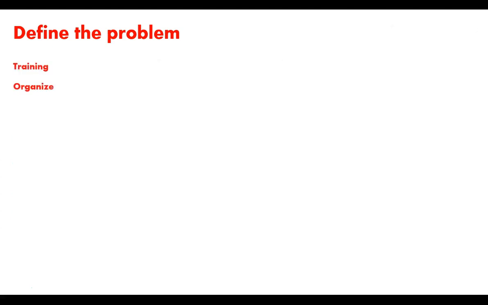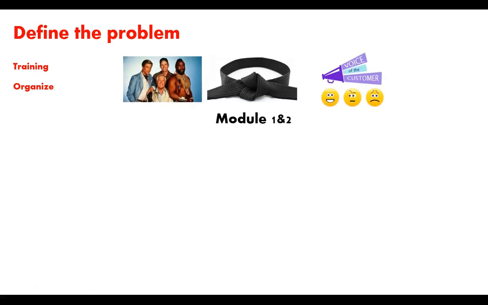So again, define the problem. There's several stages to this defining the problem, especially in the Lean Six Sigma scope of things. So the first, and we went through these stages, one is training, getting the entire organization trained in the concept of Lean Six Sigma, as well as establishing how Lean Six Sigma is organized.